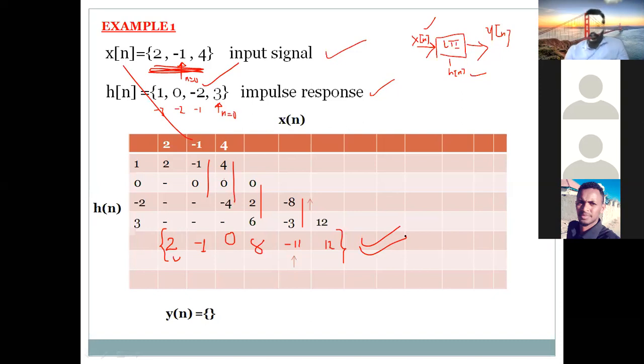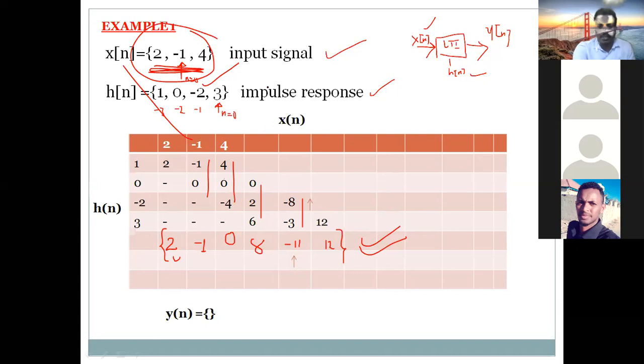So to revise what we have discussed so far, convolution is a very important mathematical tool to determine the response of an LTI system given the input signal and impulse response. As I said, this input signal is non-periodic. It does not repeat itself.